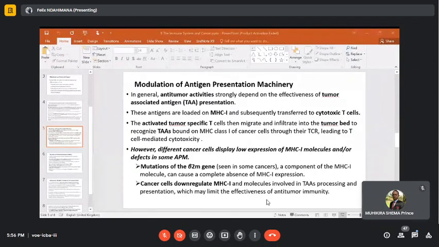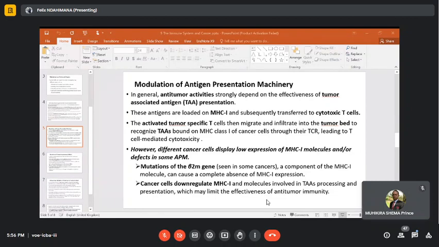They are hardly removed by our immune system. The same applies here in cancer cells. In the tumor microenvironment there is very low expression of major histocompatibility class 1. If it's not there, antigens won't be presented.